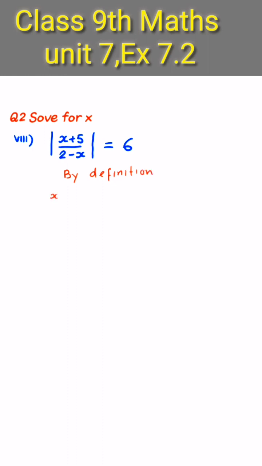We will get x plus 5 over 2 minus x is equal to plus minus 6. Two cases. The first case is x plus 5 over 2 minus x is equal to plus 6, and the second case x plus 5 over 2 minus x is equal to minus 6.